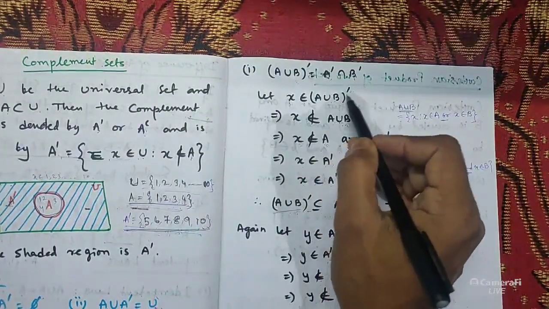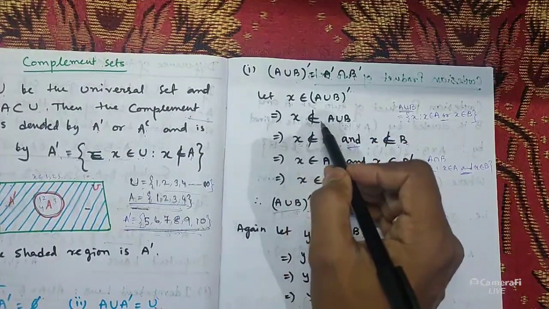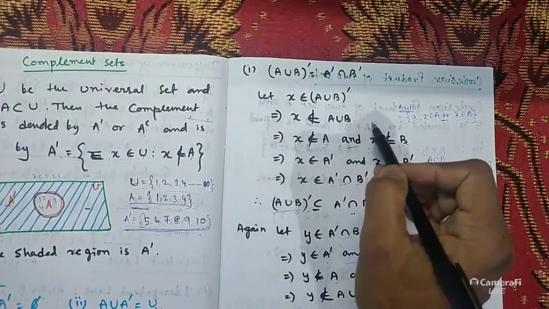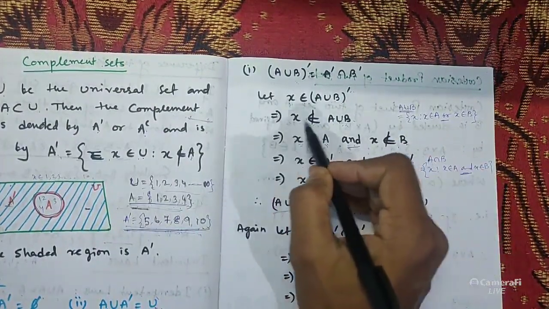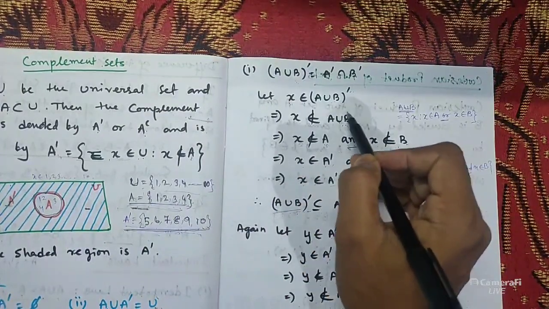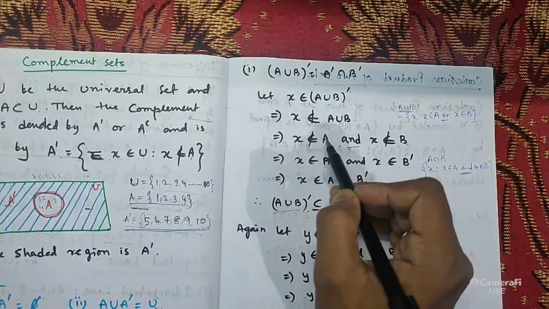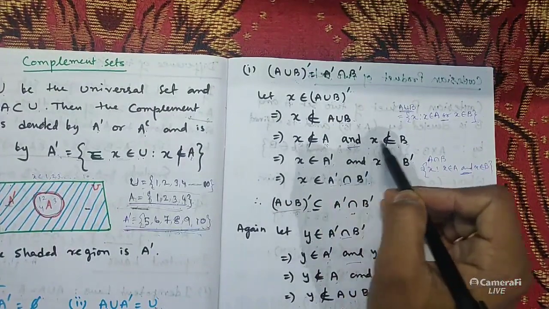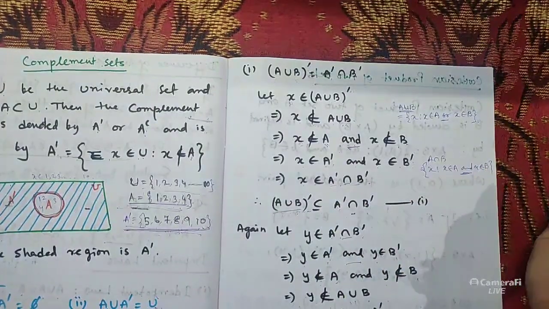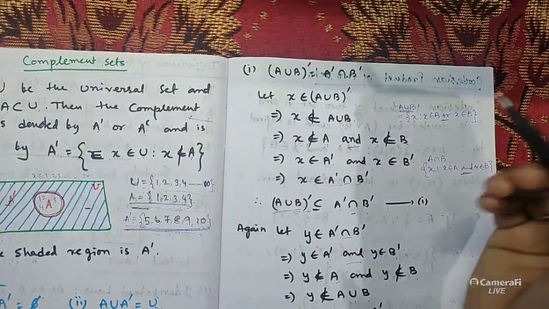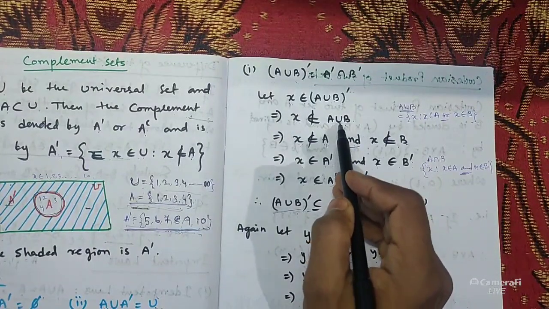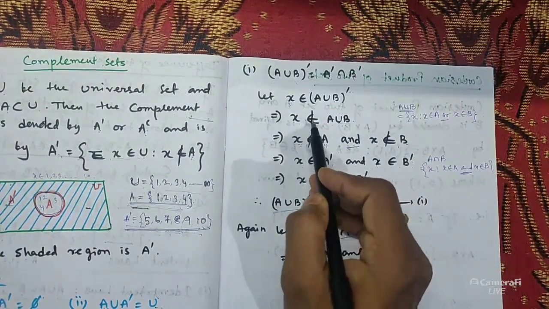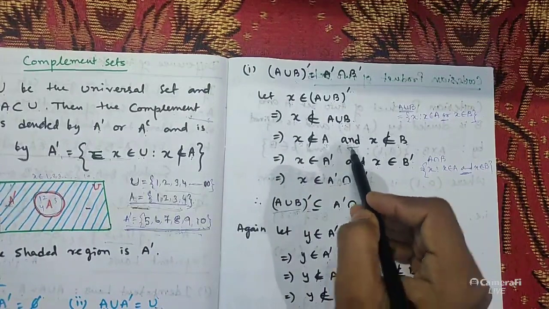So X does not belong to A union B. Now if X does not belong to A union B, that means X does not belong to A and X does not belong to B. Yesterday I told you that whenever union is there and does not belong to is there, or will change to and.